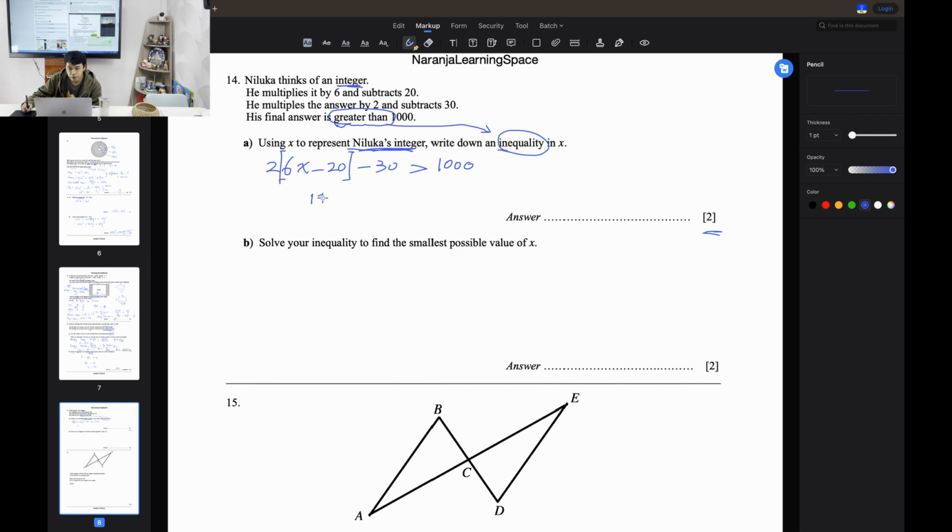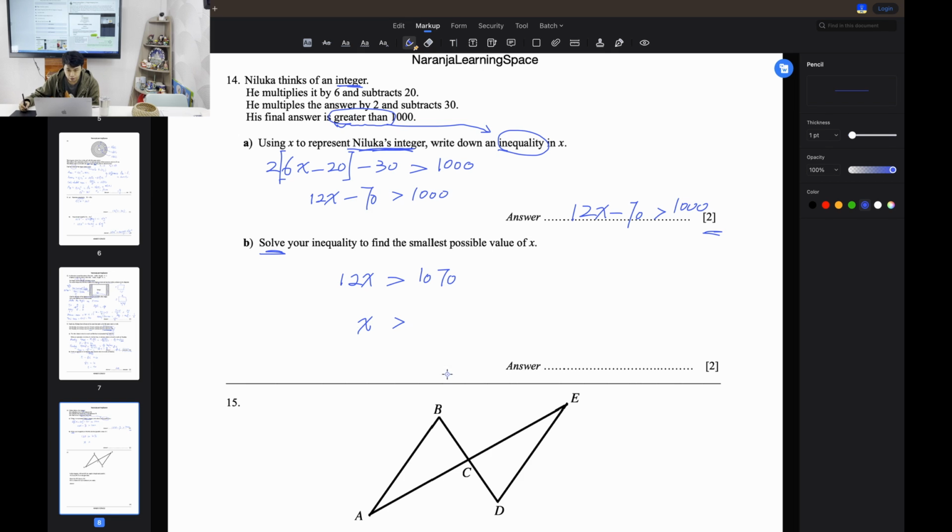So 12x minus 40 minus 30, which is minus 70, greater than 1000. You probably can write this one as a 2 marks answer. Then solve your inequality. So 12x greater than, bring the 70 over, is 1070. x is greater than 1070 divided by 12.